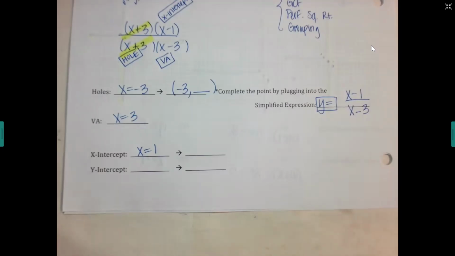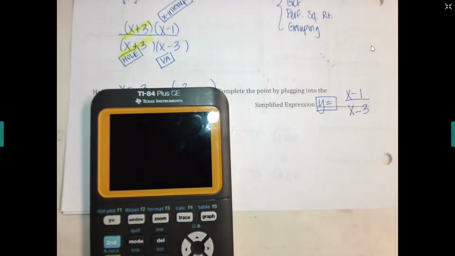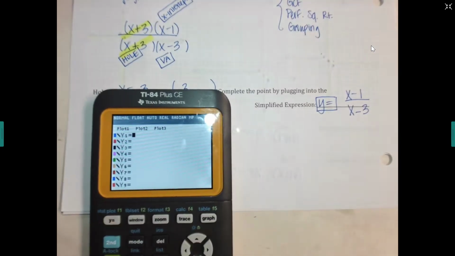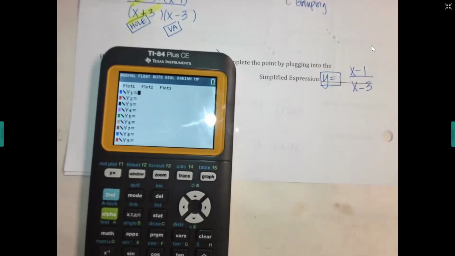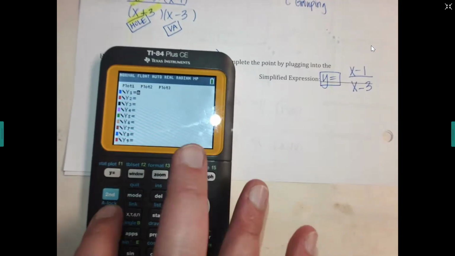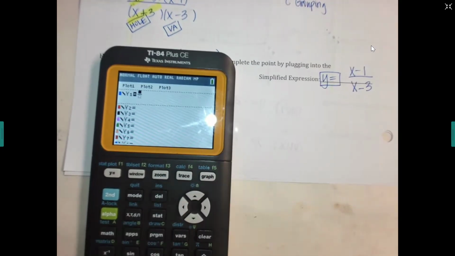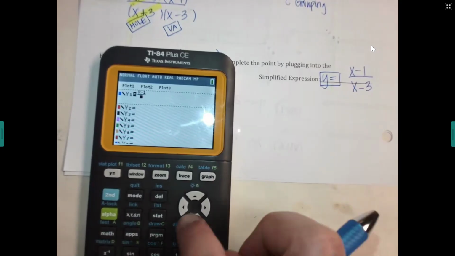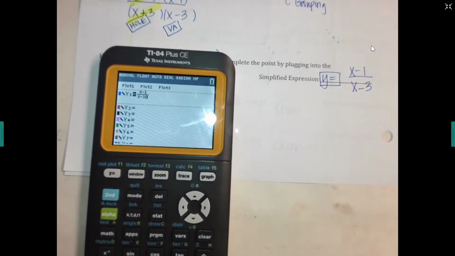So go into your calculator, hit the y equals button. Okay, and then hit alpha x to open up your fancy fraction. Okay, alpha x. Then you're going to type in x minus 1 on top, x minus 3 on bottom.